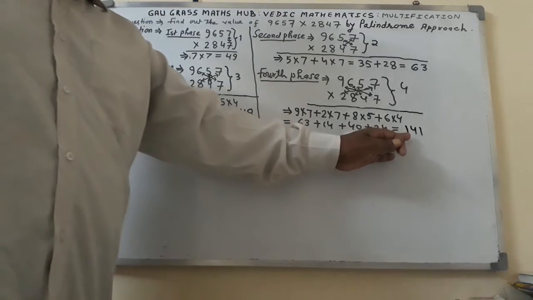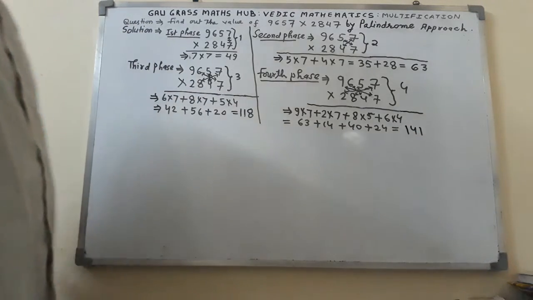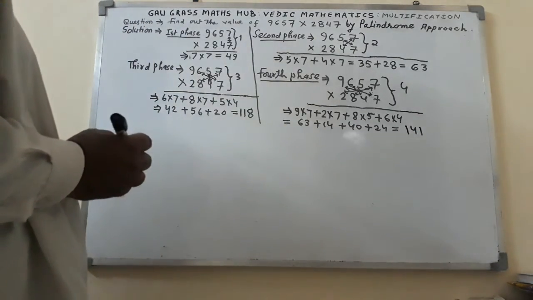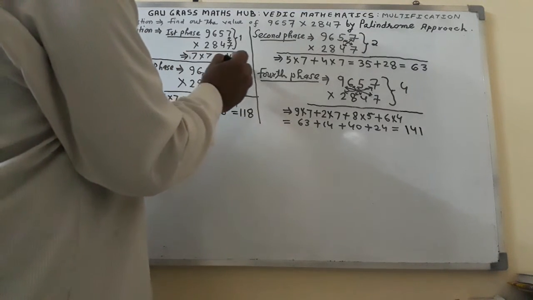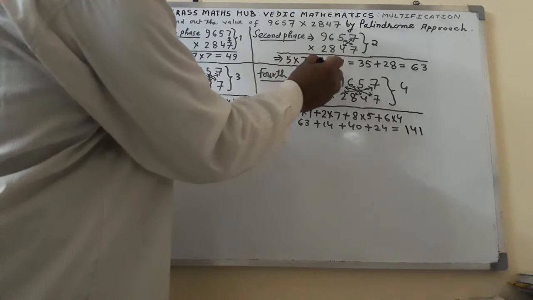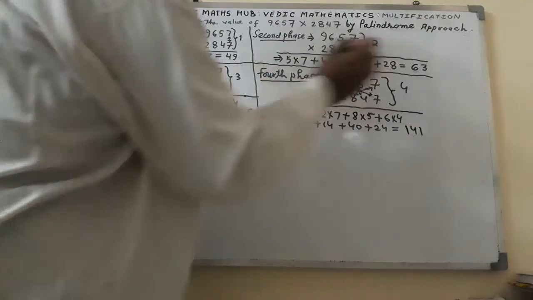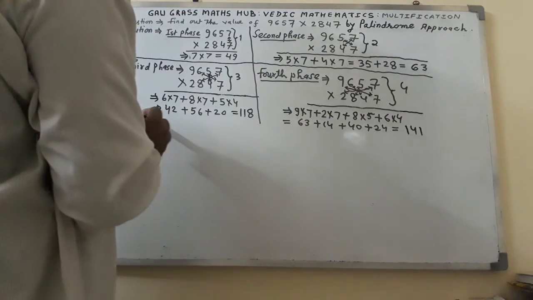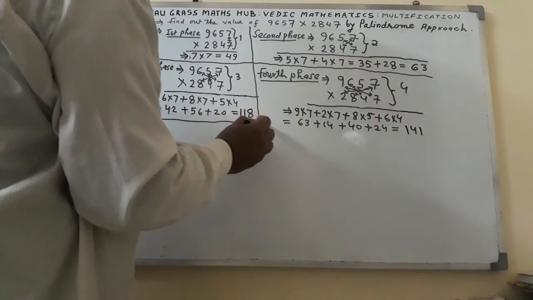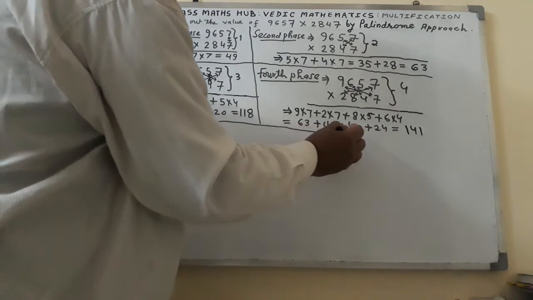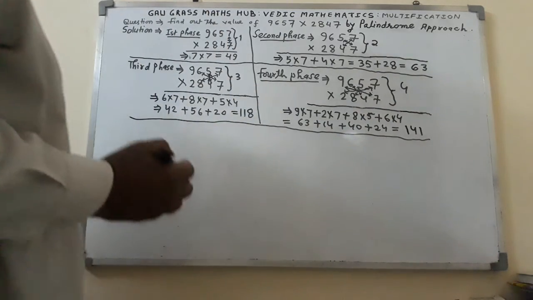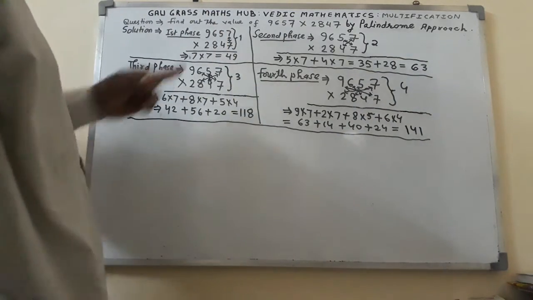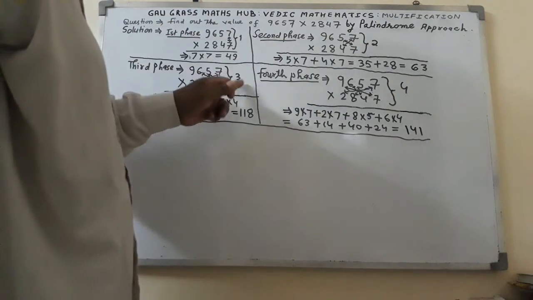You have got here 1 4 1 5 7 1... that is, 141. Now 1, 2, 3, 4.